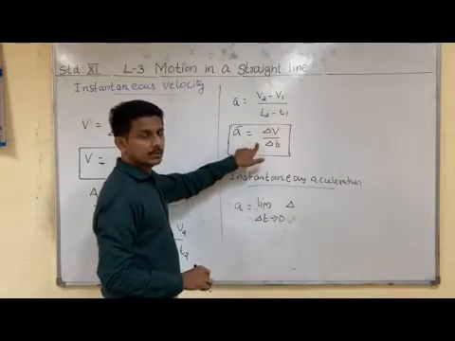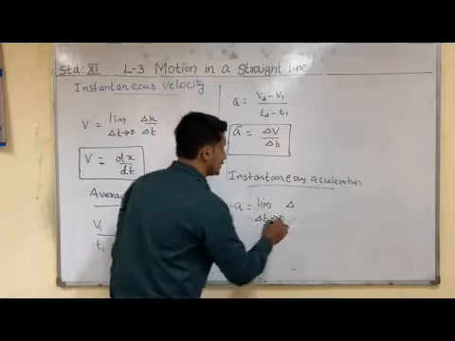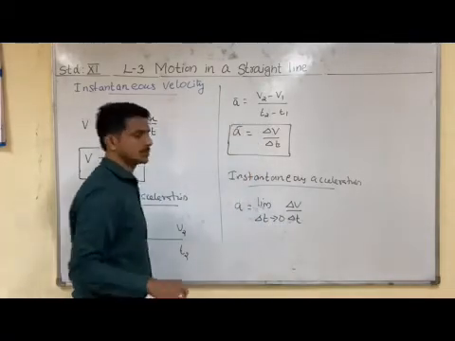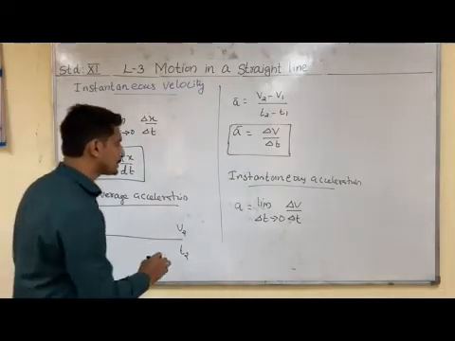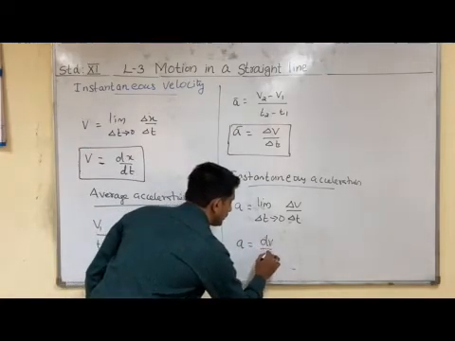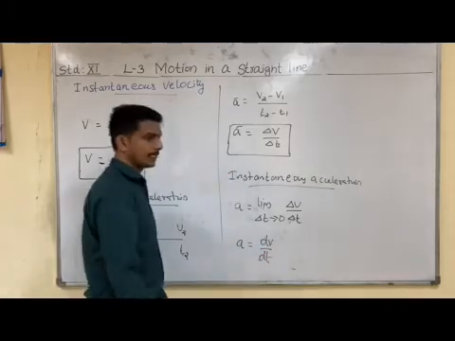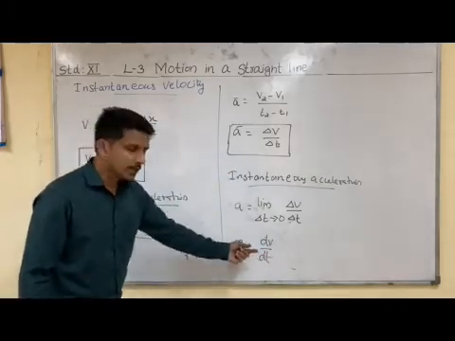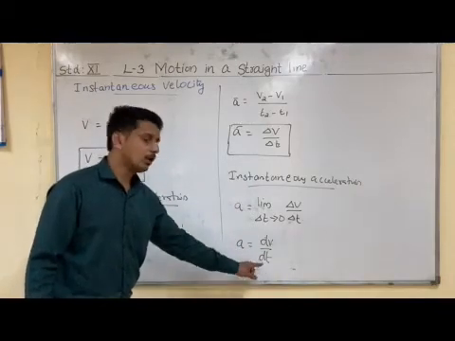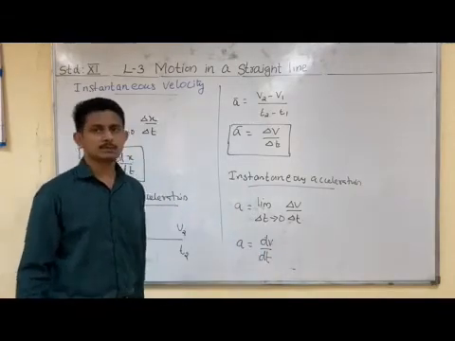Average acceleration is given by delta v by delta t. So instantaneous acceleration is a is equal to the limit as delta t tends to 0 of delta v divided by delta t. We can represent this as a is equal to dv divided by dt.